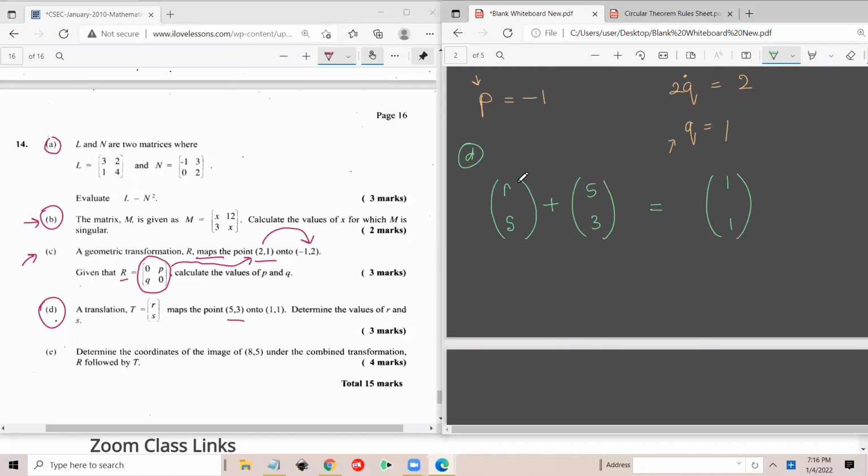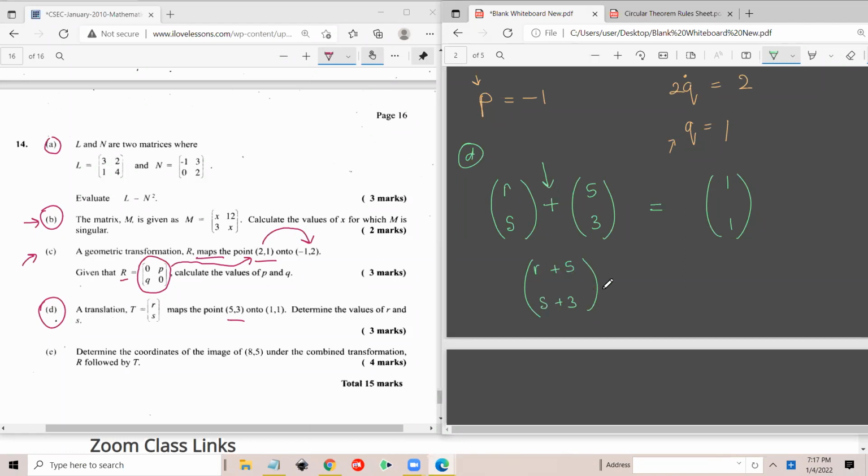Well, adding matrices is very easy. R plus 5 is just R plus 5. I know some of you multiply by mistake, even though we said it's an addition, because this is a 2-digit matrix. And we have to add the 2 underneath now. S plus 3 is just S plus 3.